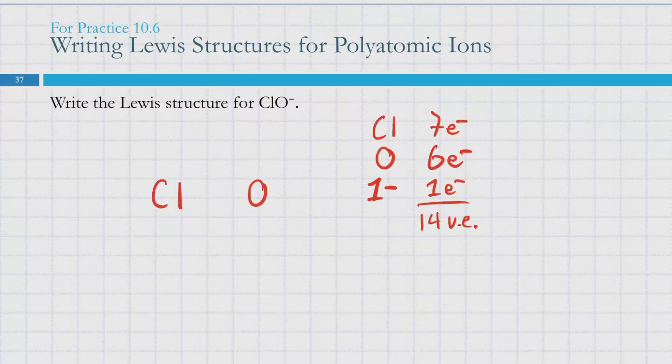To start off with our Lewis structure, we need to connect it. So we'll put in 2 bonding electrons. That leaves us 12 remaining electrons. We can distribute those evenly, 6 to each.